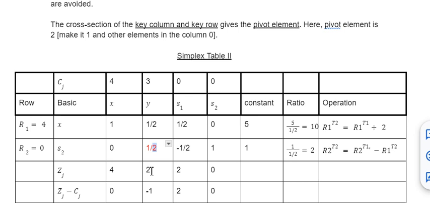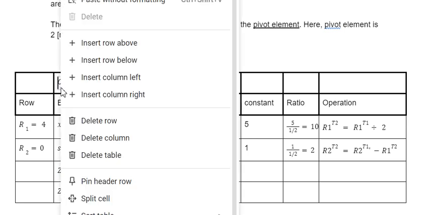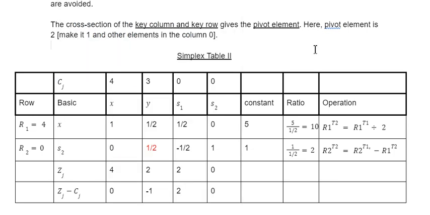Then our result will be 2 in this case. Similarly, we'll find out here and here. Zj minus Cj, we have Zj and we have Cj here. So 4 minus 4 is 0, 2 minus 3 is -1, 2 minus 0 is 2, 0 minus 0 is 0.